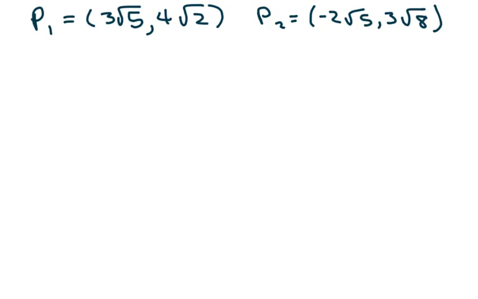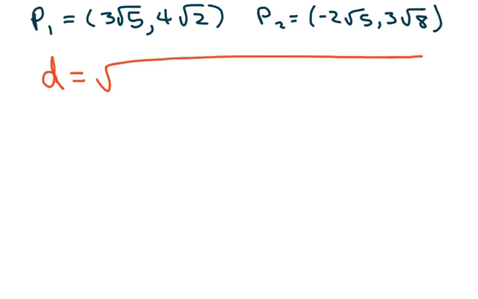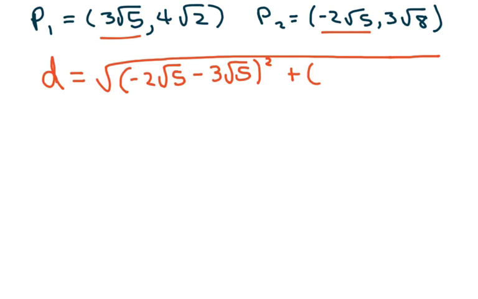And I decided to do one that's a little more complicated, that has radicals in it. So our distance is, okay, I'm going to take my x sub 2 minus x sub 1. Okay, and then take y sub 2 minus y sub 1.